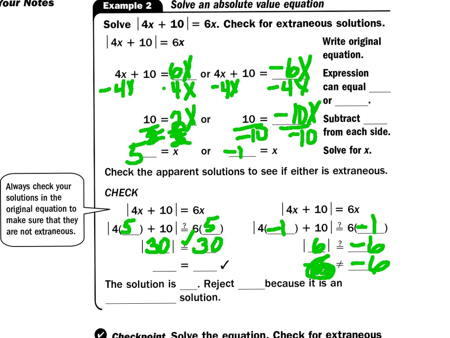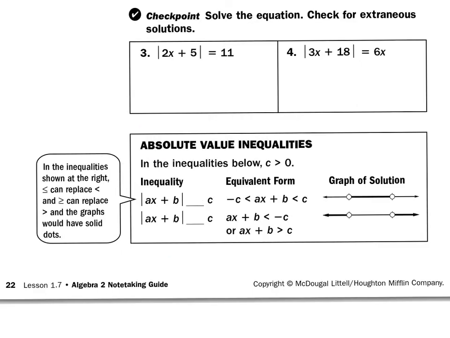So the solution is only the 5. We're going to reject the negative 1 because it's an extraneous solution. It doesn't check right. Go ahead and try 3 and 4 checkpoints. Make sure you check for those extraneous solutions. And then start the video again.